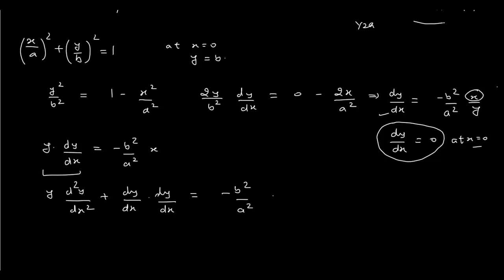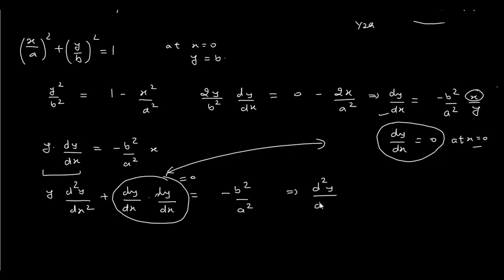Clear? Now we know that dy by dx is 0, so this term is 0, and finally we get d square y by dx square as minus b square divided by a square and y. Here we have this y, and it comes in the denominator.